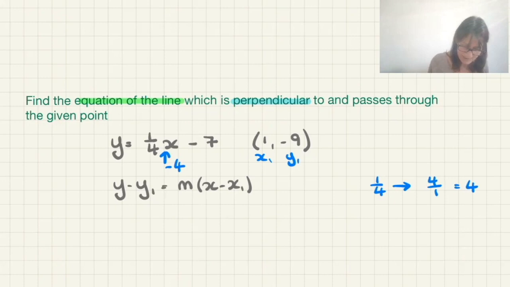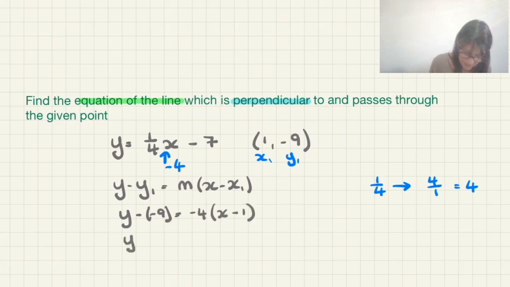Now I can put this information in. I've got y minus 9 equaling minus 4 times x minus 1. So the two negatives are going to make a positive. We've got minus 4x, and then be careful with your negatives. Minus 4 times minus 1 will give me positive 4.